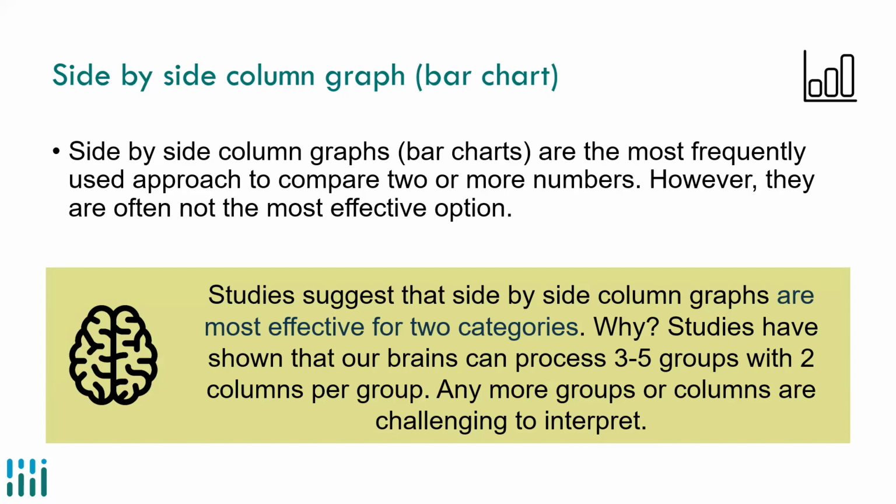This is because our brains can get quite overwhelmed when processing a bar graph with many groups and many columns per group. Bar charts, by and large, are widely requested when I work with policymakers in a global health context in developing countries. And so one thing we want to keep in mind is, how do we balance what stakeholders might want, which is bar charts in this case, with what we think might be alternative versions.